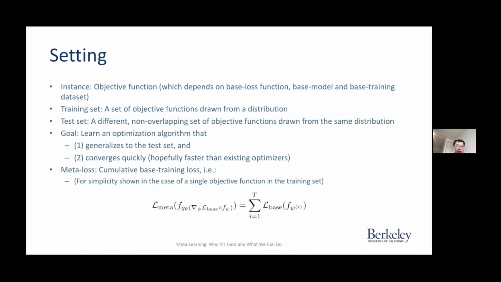And so the meta loss is going to be the cumulative base training loss. So for simplicity, we're just showing this for a single objective function in the training set. What we essentially do is add up the objective values we obtain at all the different iterations of optimization.